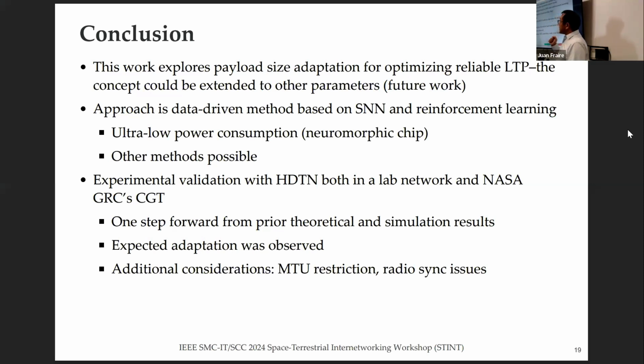By introducing too much noise, the radios pretty much lost synchronization, and they started losing bundles. And that didn't give us any chance of making any modification because they were lost anyway. So that's a complication that is not visible in the models, but it's something that is encountered in practice.